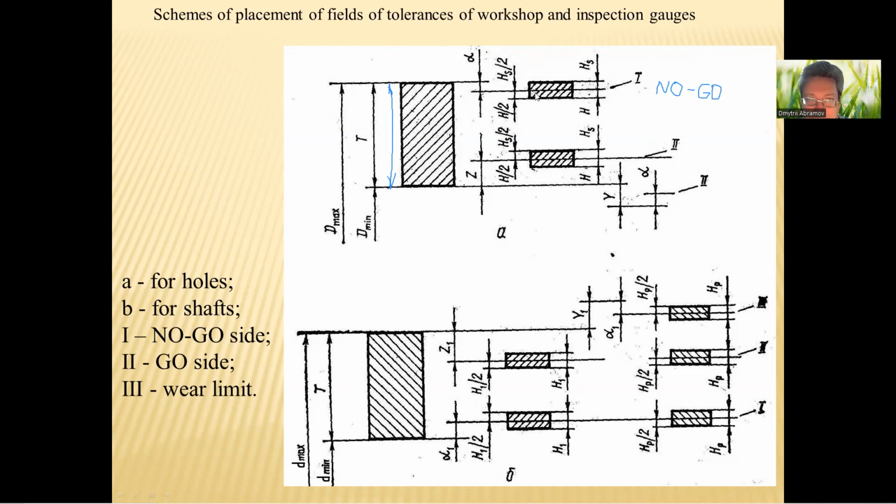It's tolerance field of workshop no-go side of workshop gauge for the hole. And it's go side, tolerance field of the go side of workshop gauge for the hole.